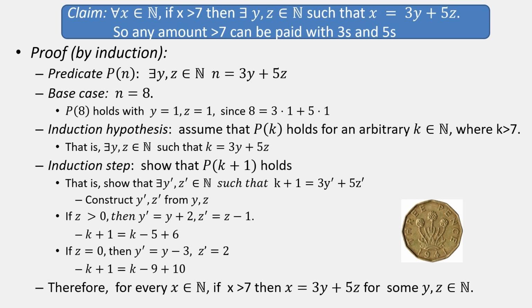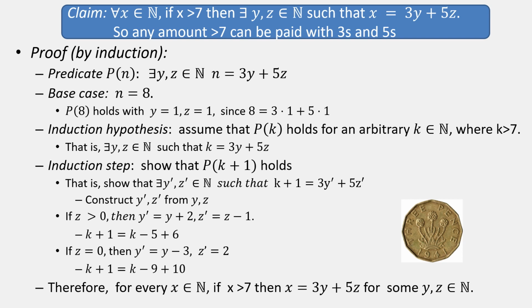So in this case we only have the 3s. We know that our number is greater than 7, so we will have at least 3 of the 3s. Otherwise we wouldn't be able to make up a number greater than 7 without using any 5s. 9 would be the smallest number that's made out of only 3s and that's greater than 7.